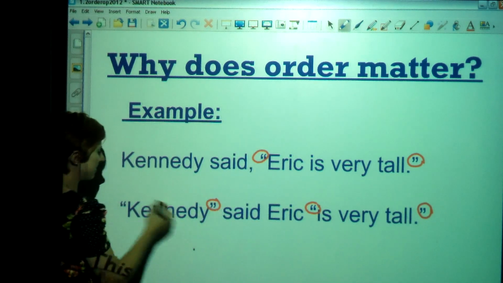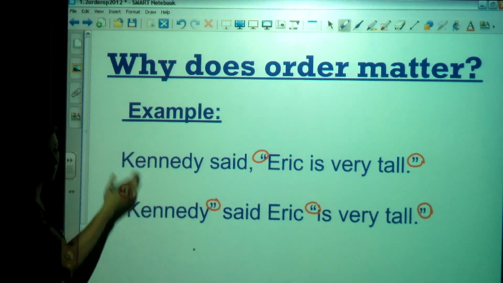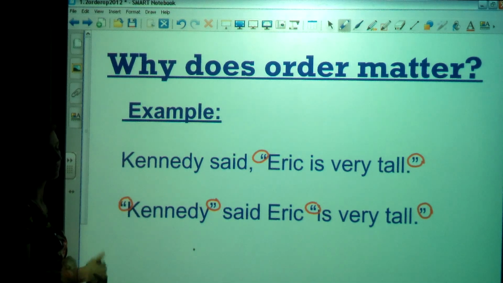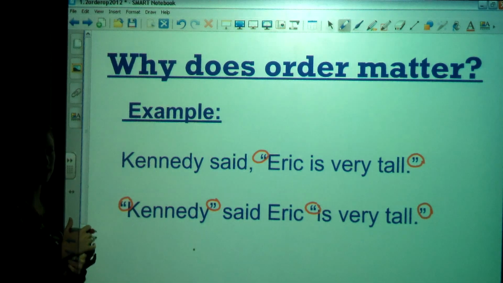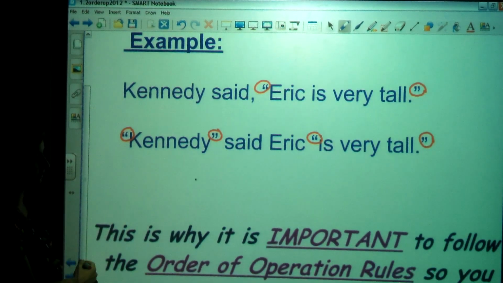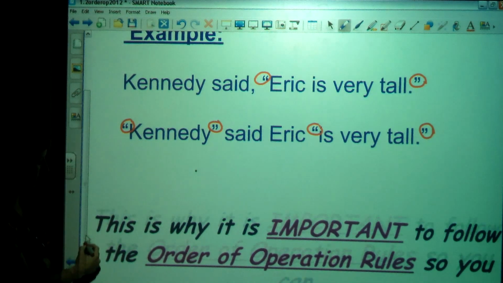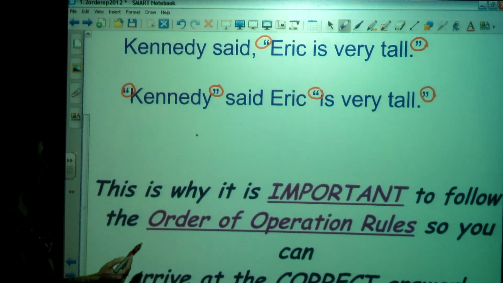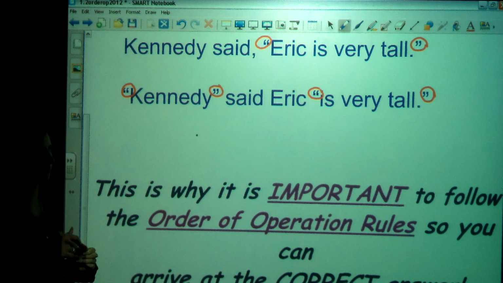So even though the sentence says the same thing, it doesn't mean the same thing. Same way in math. Just because you see the way the expression is written doesn't mean that's the way you need to evaluate it. And this is very important to follow the order of operations so we arrive at the correct answer. So knowing the order is very important.